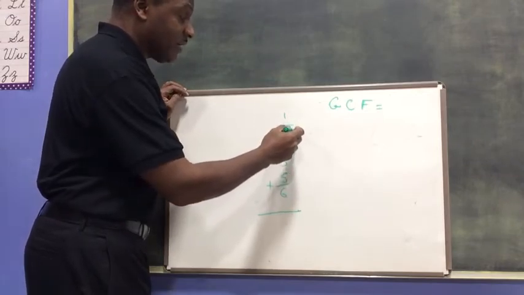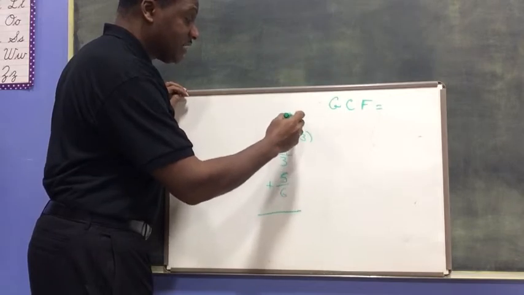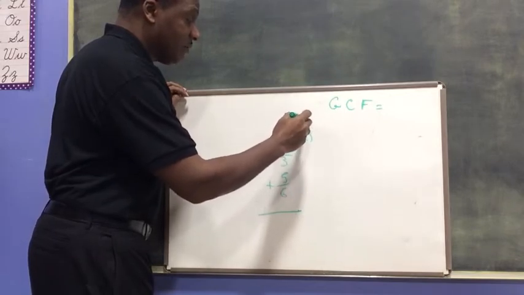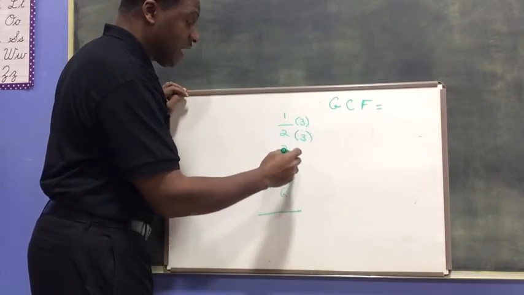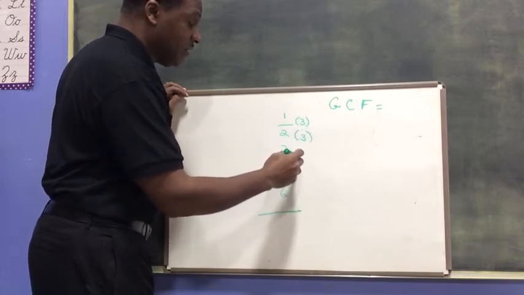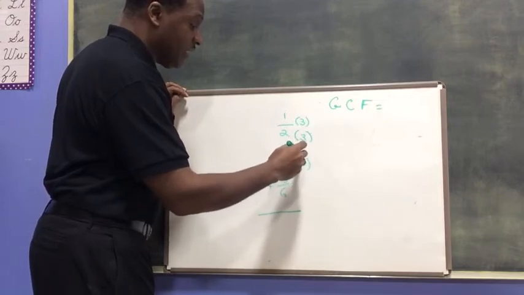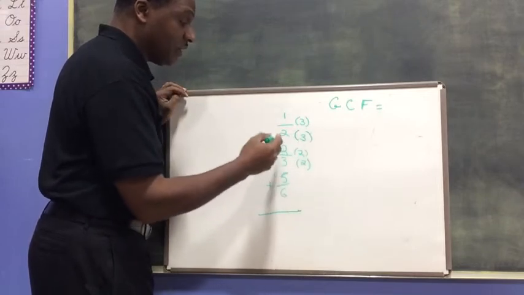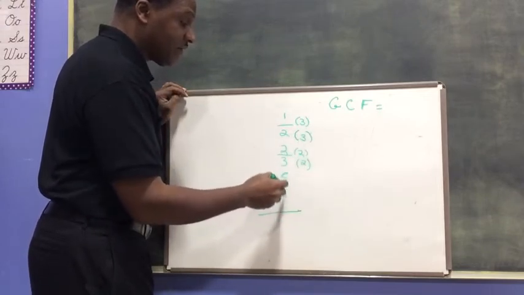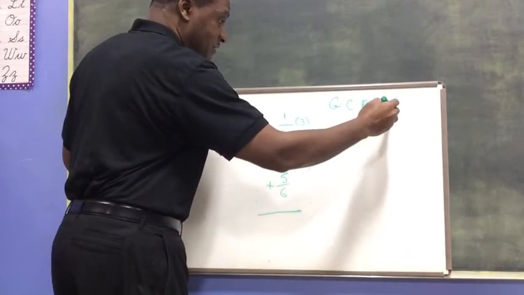We obviously can multiply 2 times 3 and get 6. And if we do that, we're going to have to multiply the numerator times the same number. And then we obviously can multiply 3 times 2 and get 6. We don't have to do anything to this 5 over 6 because it's already our greatest common factor, which is 6.